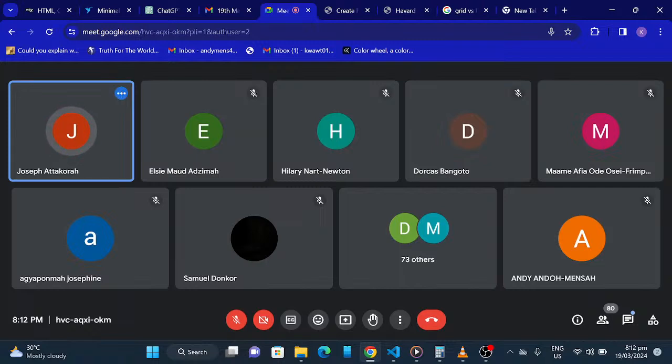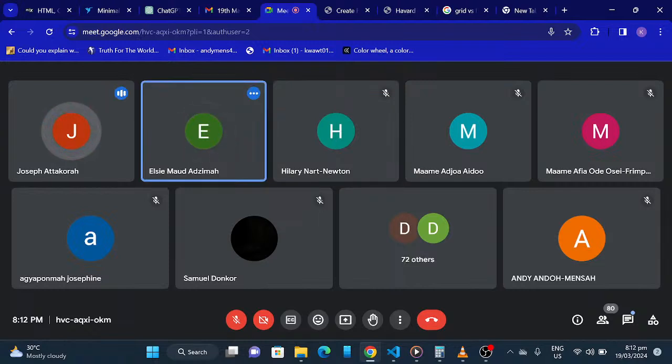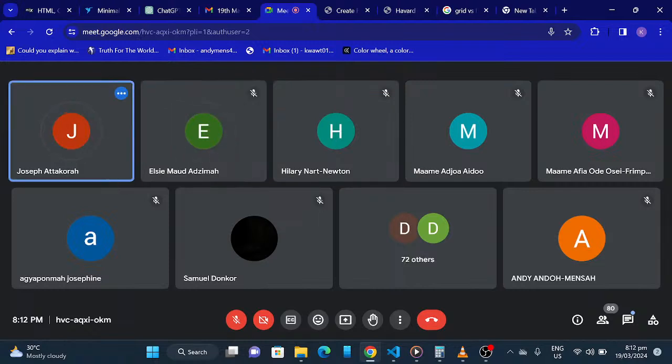Another thing is the metabolism of PTH. You know PTH. Do you know PTH? Yes, please. Parathyroid hormone. What is the function of that hormone?